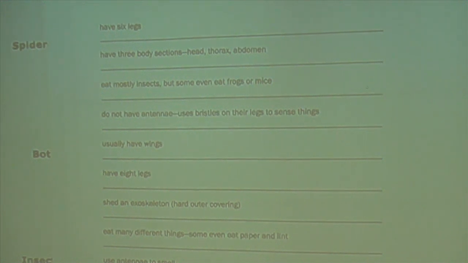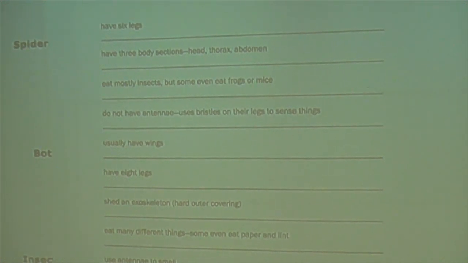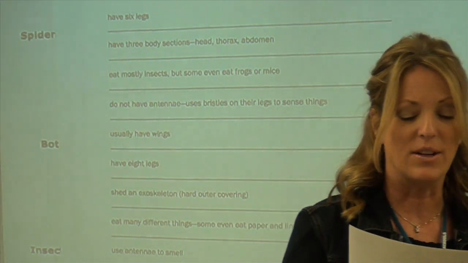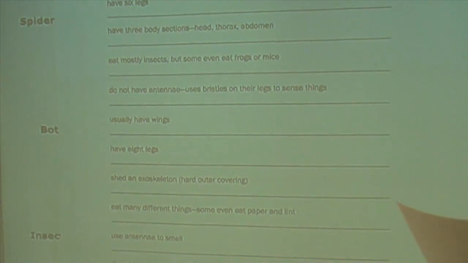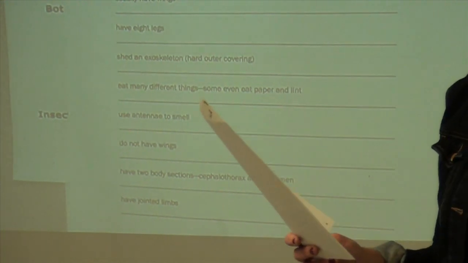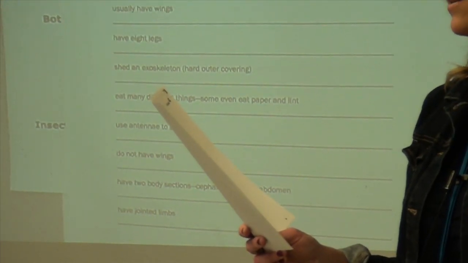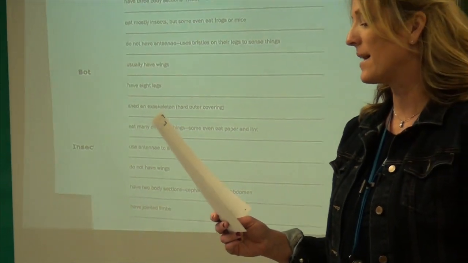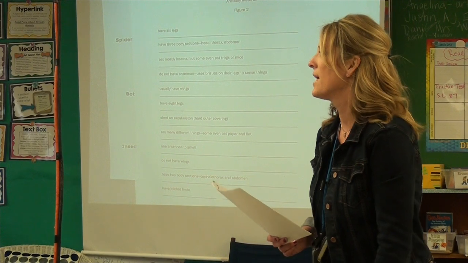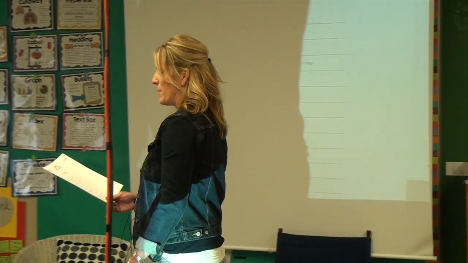Usually have wings, have 8 legs, shed an exoskeleton, the hard outer covering, eat many different things, some even eat paper and lint, use antennae to smell, do not have wings, have 2 body sections, the cephalothorax and abdomen, and have jointed limbs.